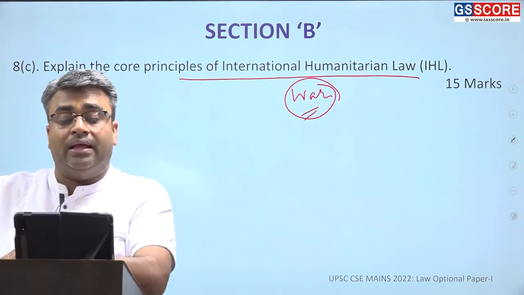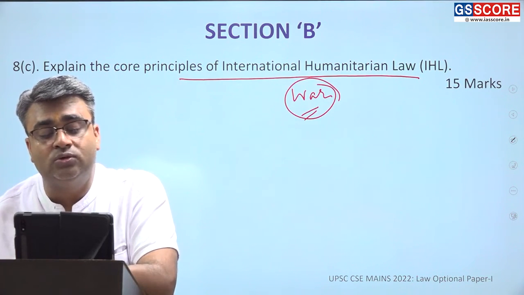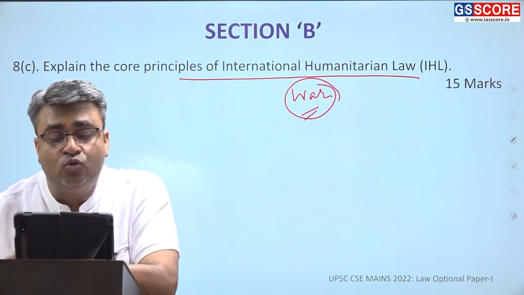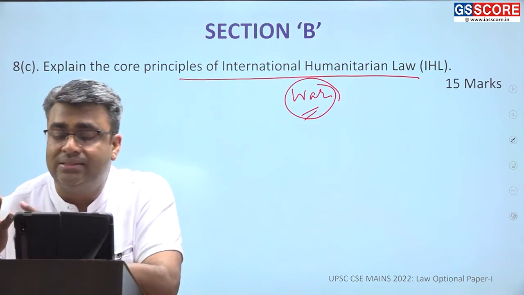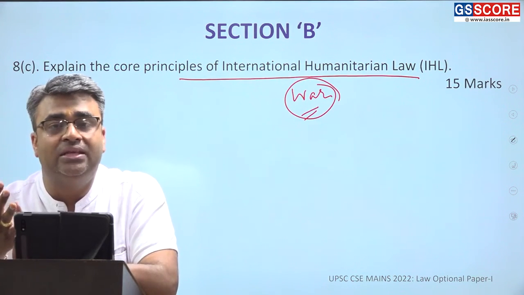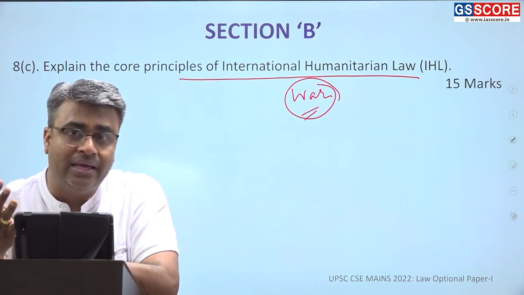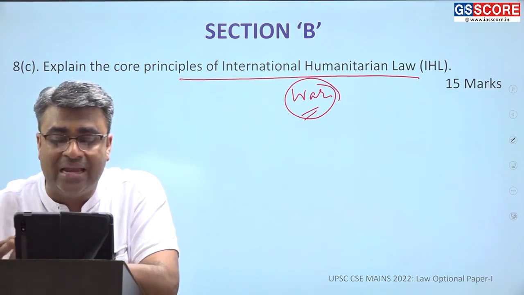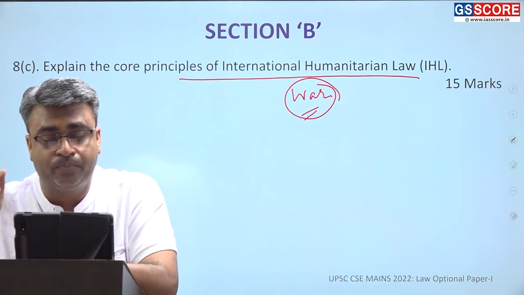Then another principle of IHL is the prohibition to attack those hors de combat, meaning the persons who are not engaged in hostilities. When the combatant is unarmed and not involved in such hostilities, that person should not be killed or attacked.